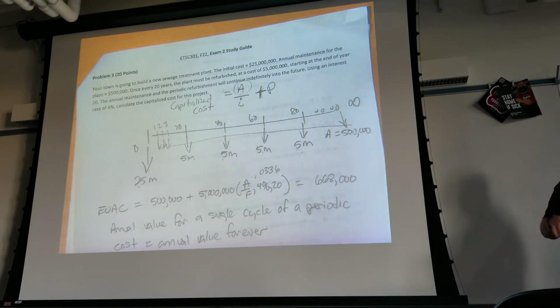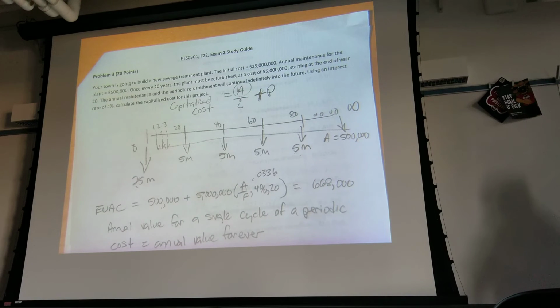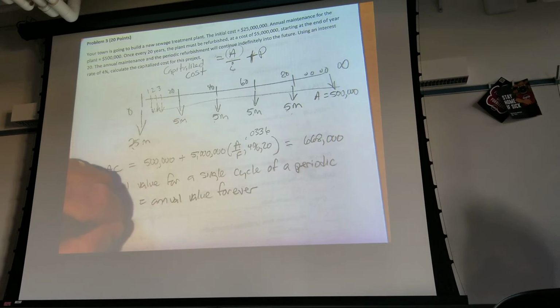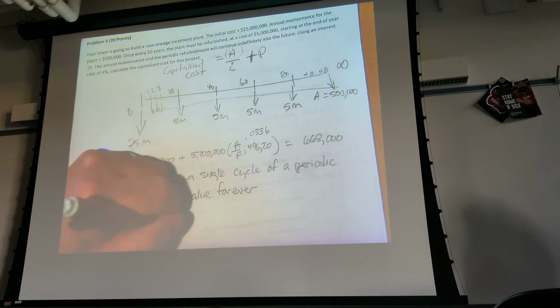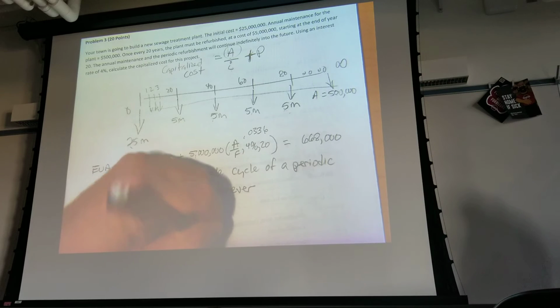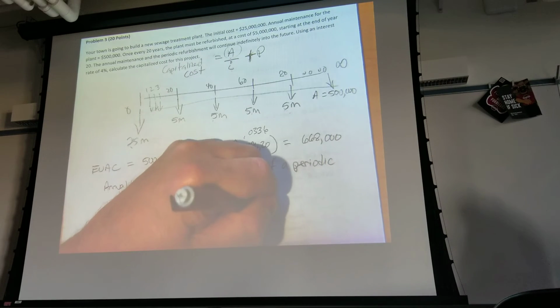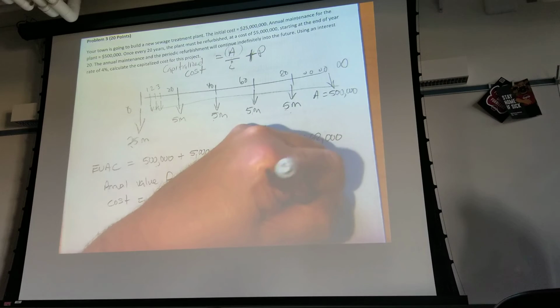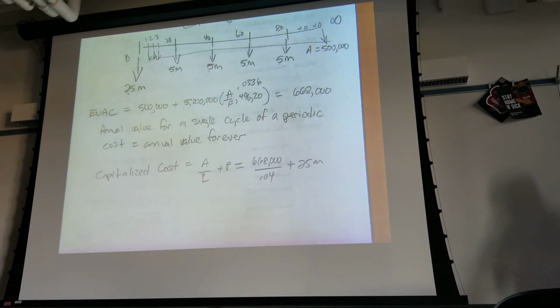But to avoid calling them both P in the formula, okay, so the capitalized cost was A over I plus P equals 668,000 over 0.04 plus 25 million. So that's 41,700,000.